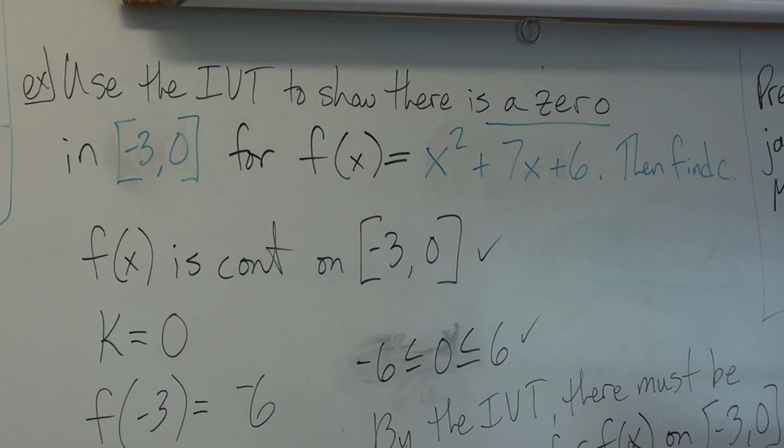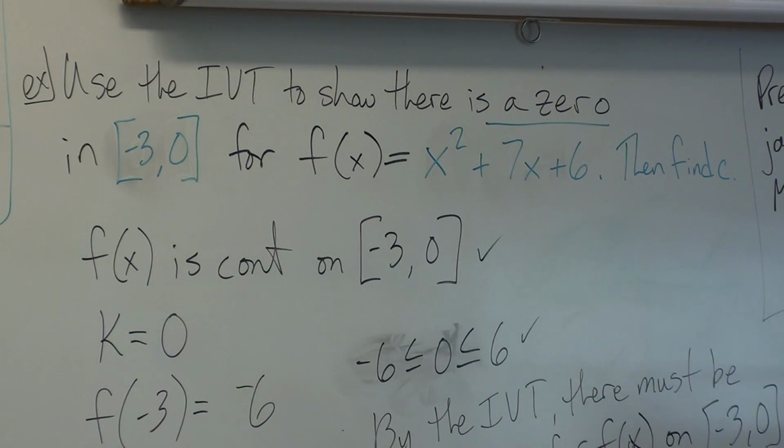All right, one more, taking it up a little notch. I will tell you guys, most of the homework problems tonight deal with using the IVT to find zeros. There will be some where you don't.